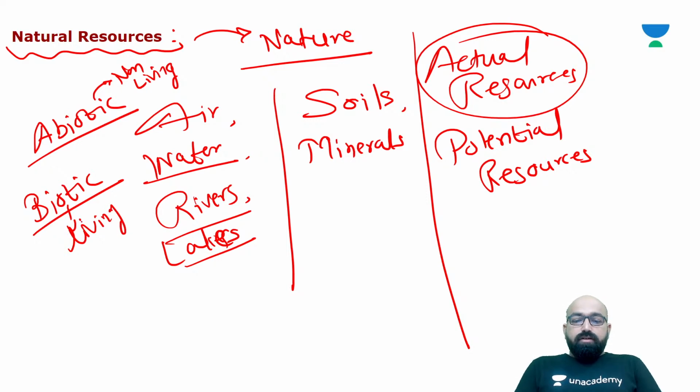So friends, abiotic resources are non-living, while biotic resources are living. So soils, rocks and minerals are abiotic, whereas plants and animals are biotic resources.